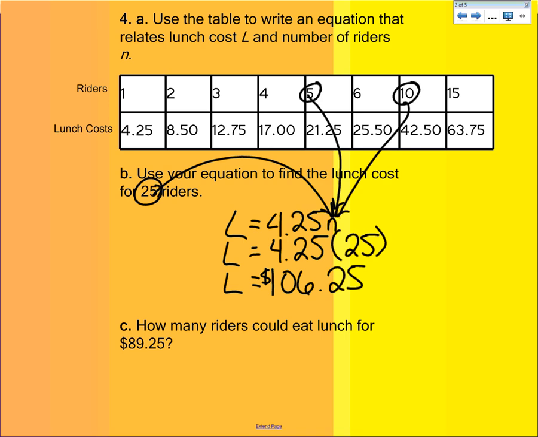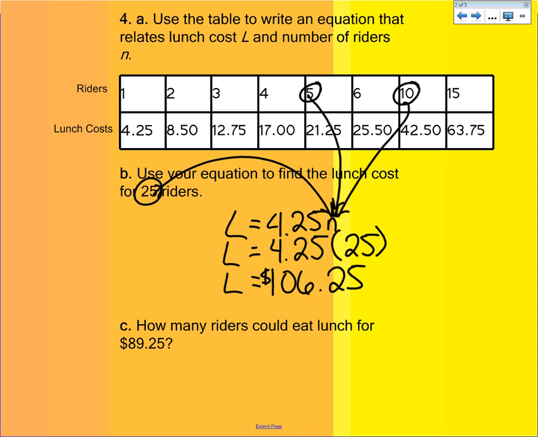If you ever have trouble developing your equation, always start with, what am I solving for? Am I solving for, in this case, lunch costs, or am I solving for riders? That just helps you determine the other variable and what number goes with it and what's happening to it. Okay? So now let's do a reverse type operation here. How many riders could eat lunch for $89.25?